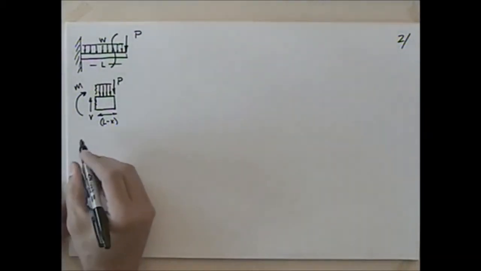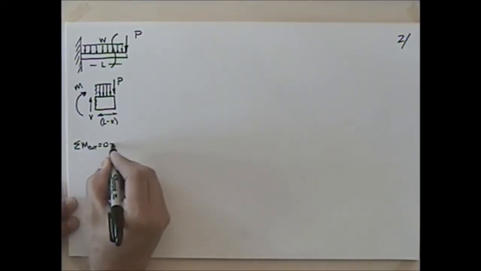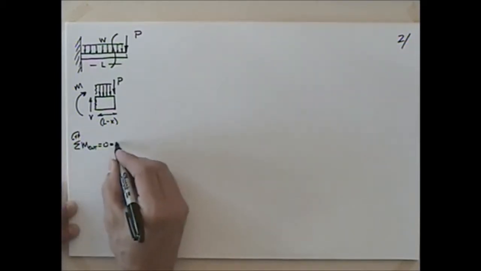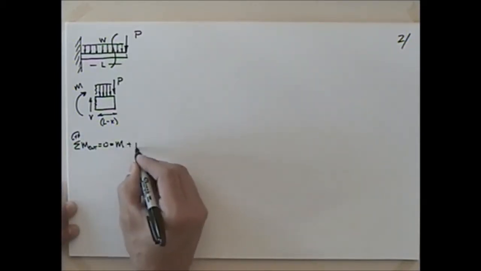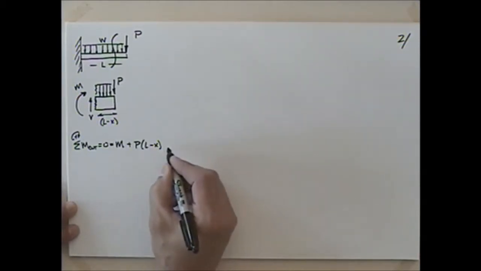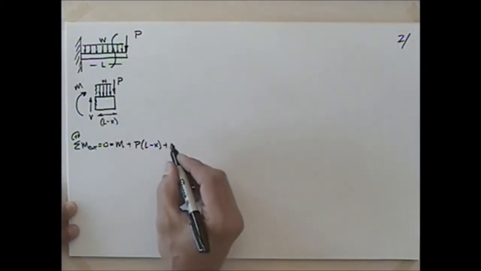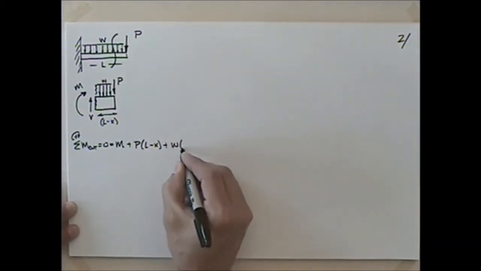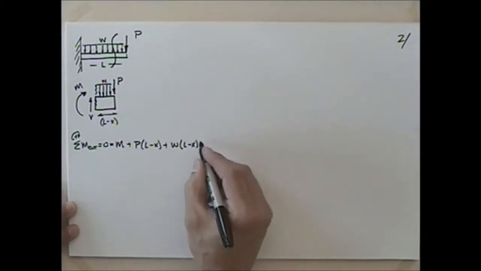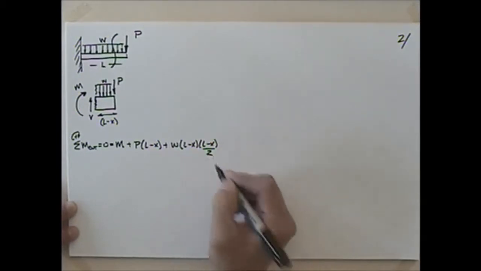So if I look at summing the moment about the cut, setting it equal to 0, I have what? If I take clockwise as positive, I'm going to have M plus P times (L minus x), plus, if this is w, I'll have w times (L minus x), and that acts through the center of that, so it would be times (L minus x) divided by 2.